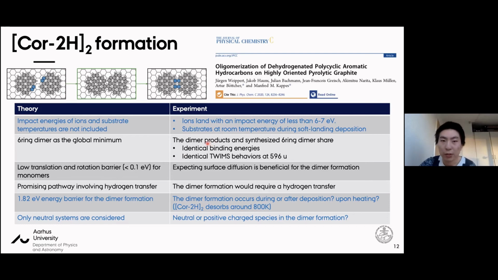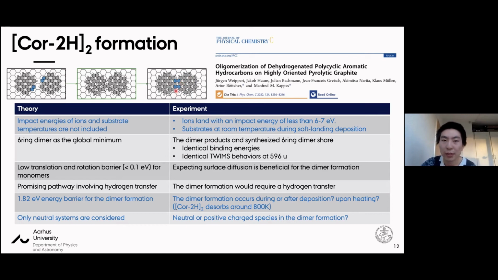So the experiments confirm that the six-membered ring is the true dimer structure by doing another set of experiments. They did the TPD using these synthesized molecules and then compared the performance with the products of the ion depositions.